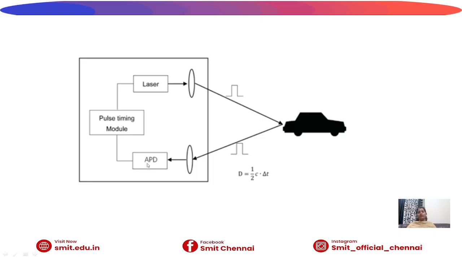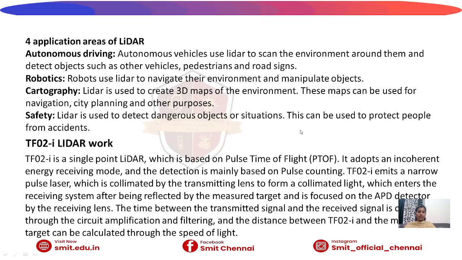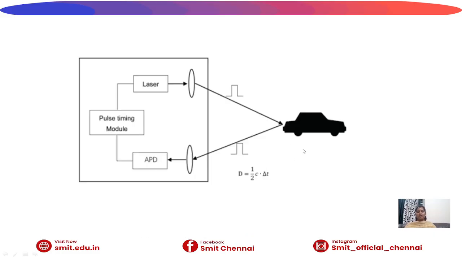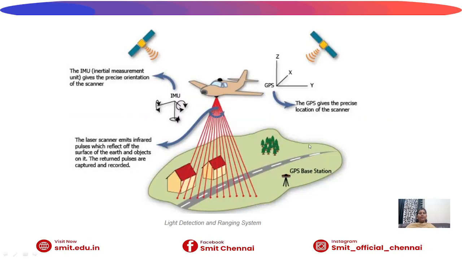The avalanche photodiode here we are using to convert a weak signal into a strong signal, right? So it is connected to some car. So this is one type of LiDAR, the TF02-I, which is used in our car. This is a laser range sensor LiDAR.